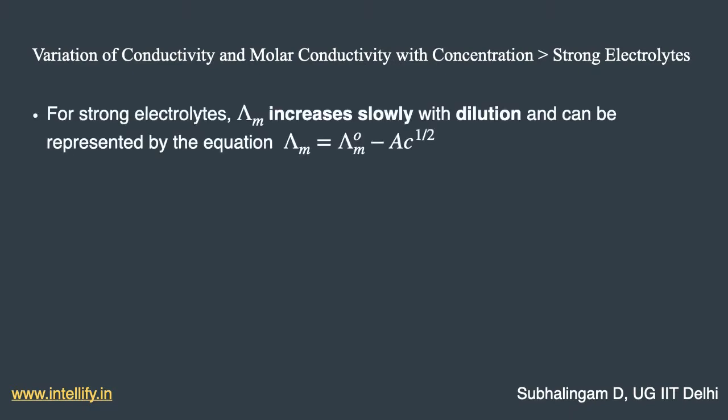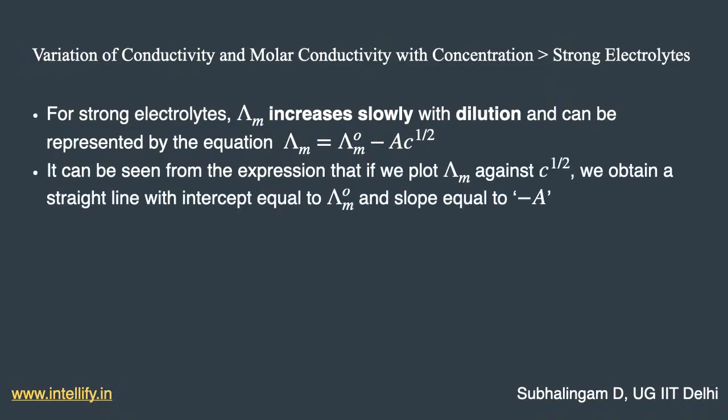For strong electrolytes, lambda m increases slowly with dilution and can be represented by the equation lambda m is equal to lambda naught m minus A root C. Here A is a constant.